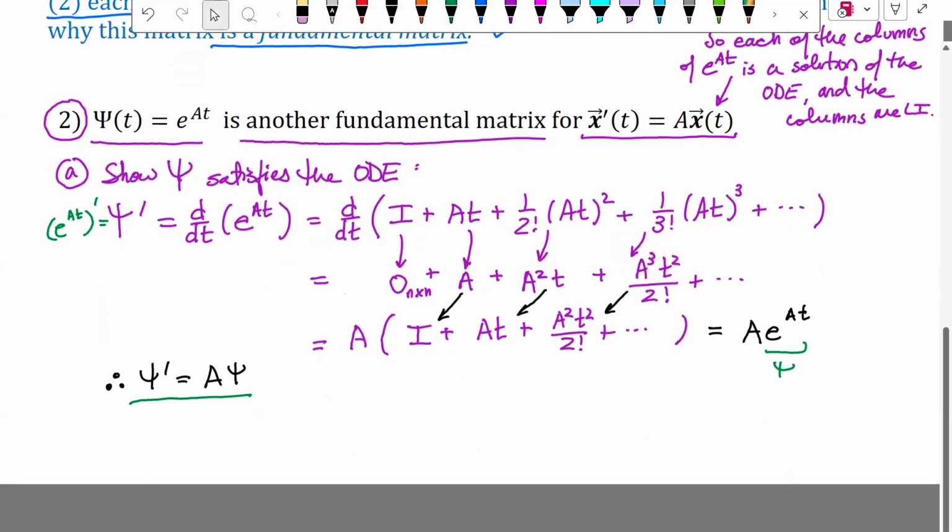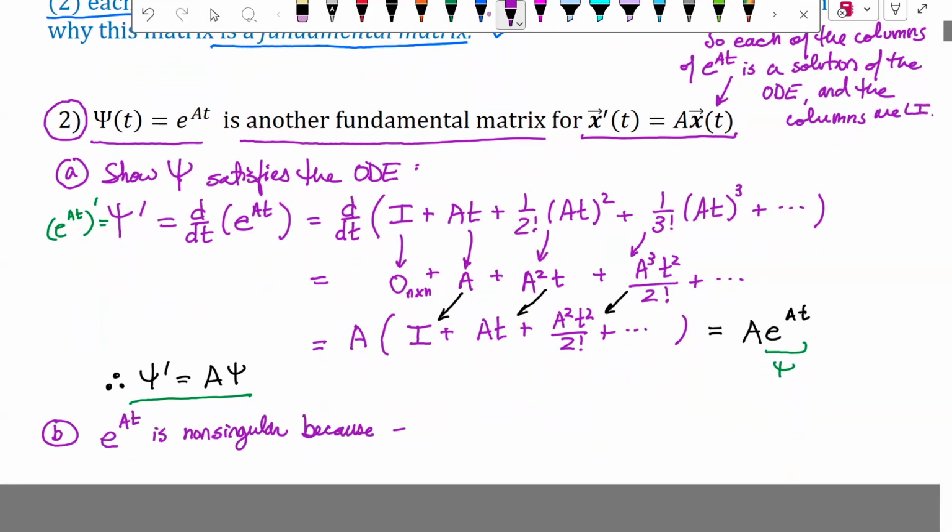Now, what about showing that psi is invertible? Well, briefly, we actually can show that e to the At is non-singular because e to the At times e to the minus At can be written e to the A(t minus t), which is e to the A times 0, which we have shown previously to be the identity.